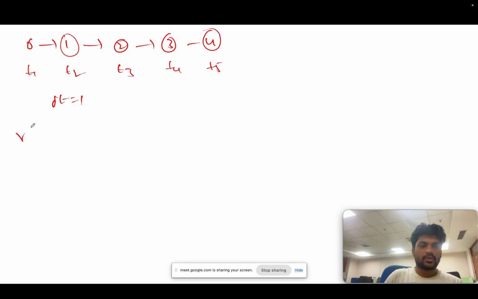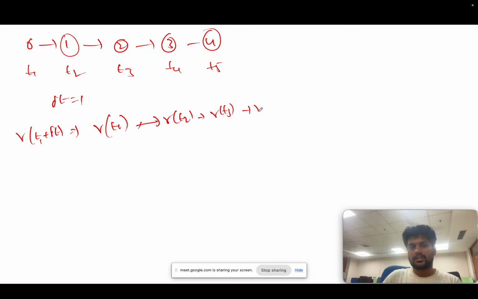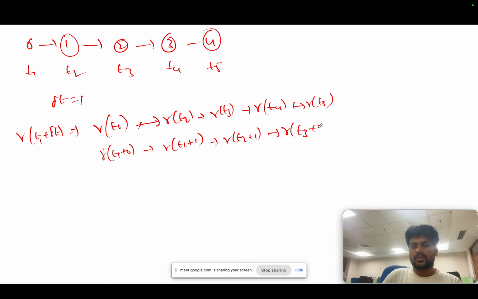Suppose we start from T1, so now we have R at T1, then we need to get R at T2, then T3, T4, then T5, which says R at T1 plus 0, R at T1 plus 1, R at T2 plus 1, R at T3 plus 1, R at T4 plus 1.